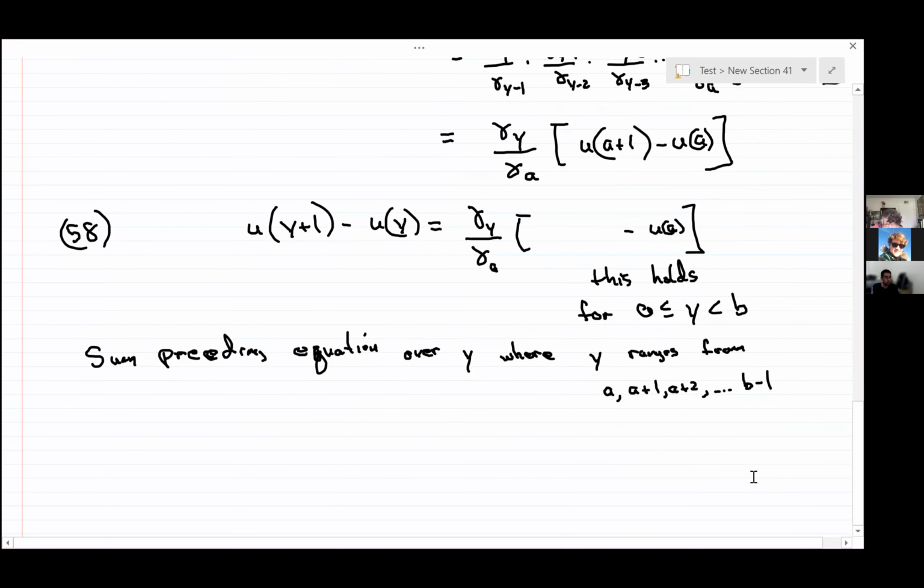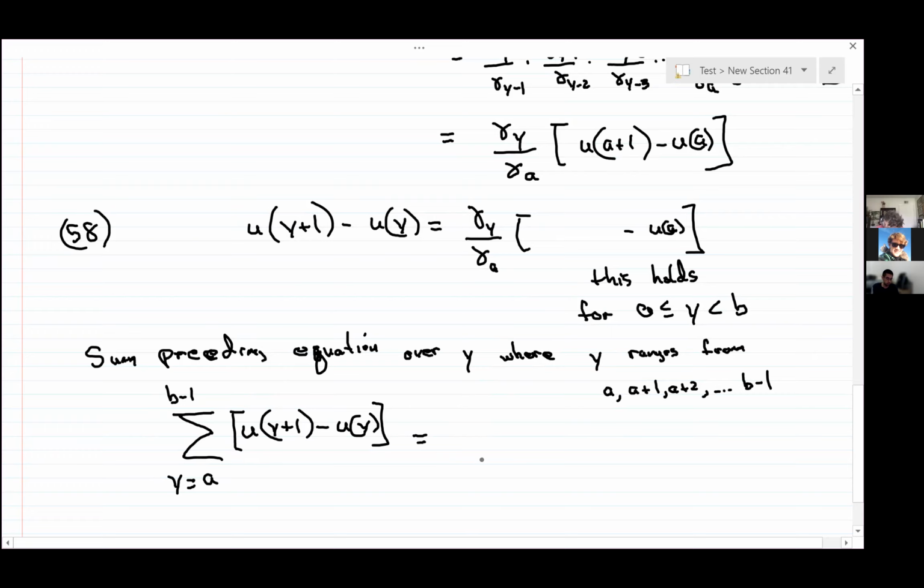So what does that look like? It looks like the sum of this stuff, u of y plus 1 minus u of y, and you're summing from a to b minus 1. And on the right side, you get the same kind of thing.